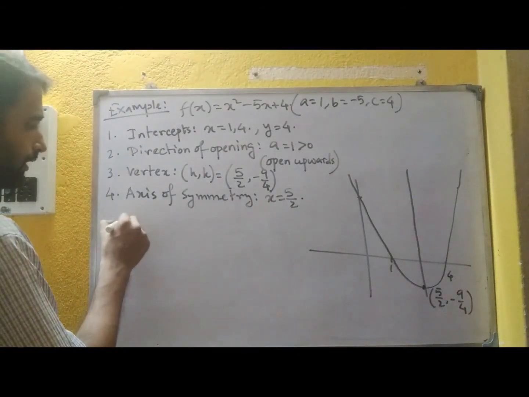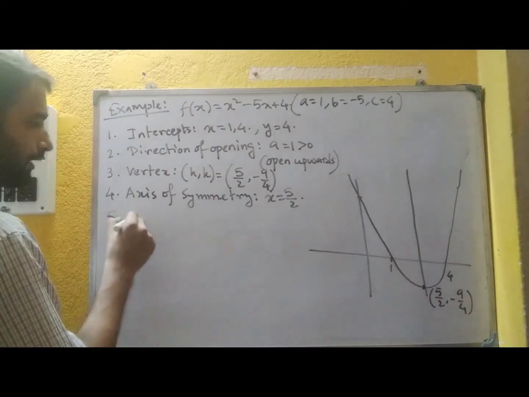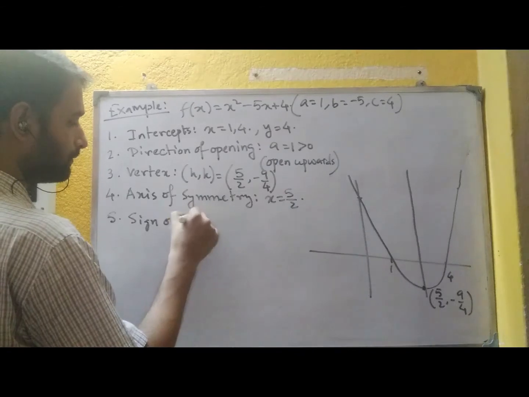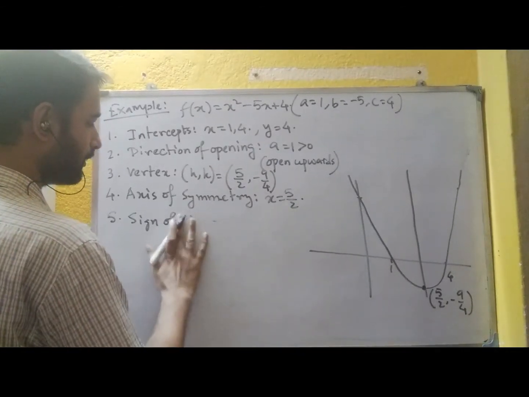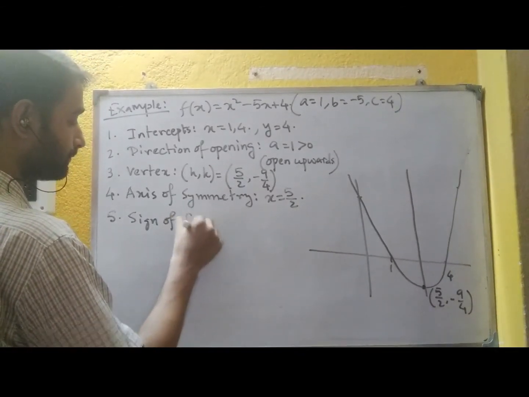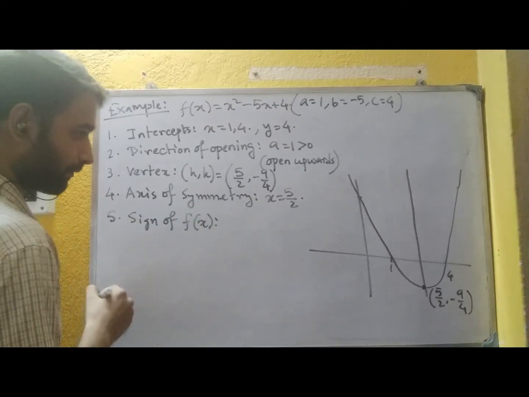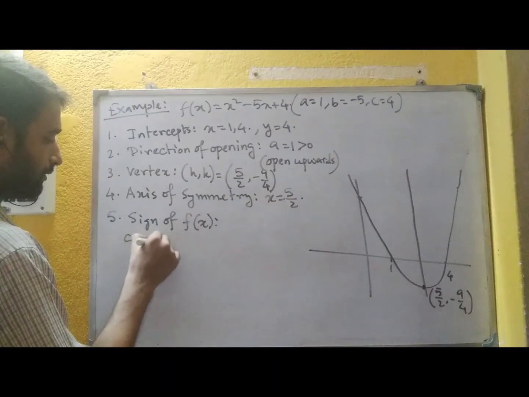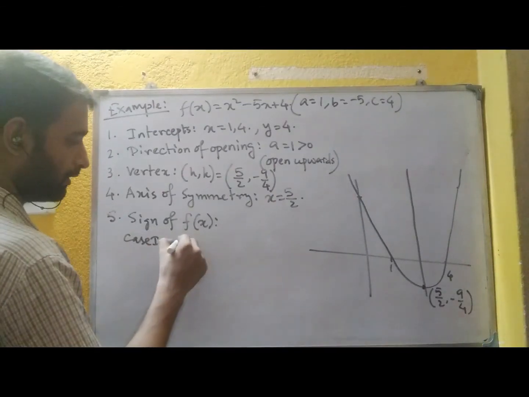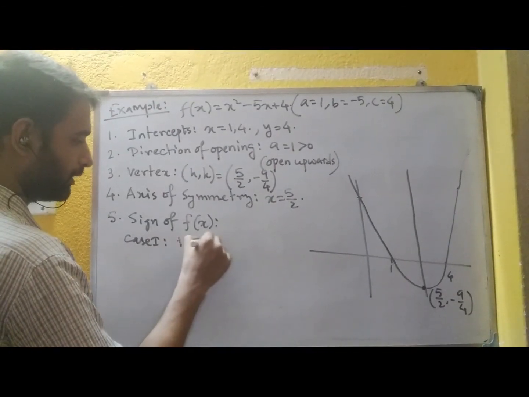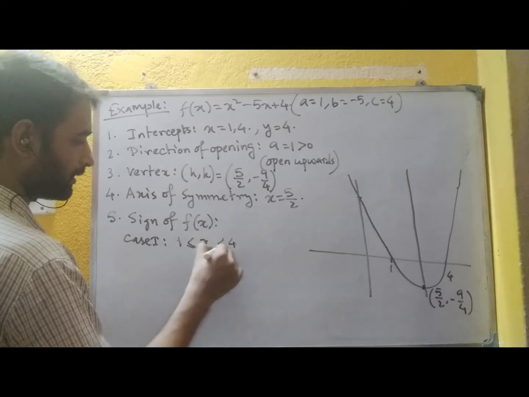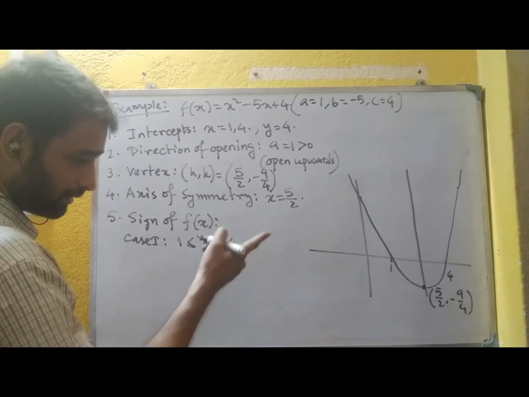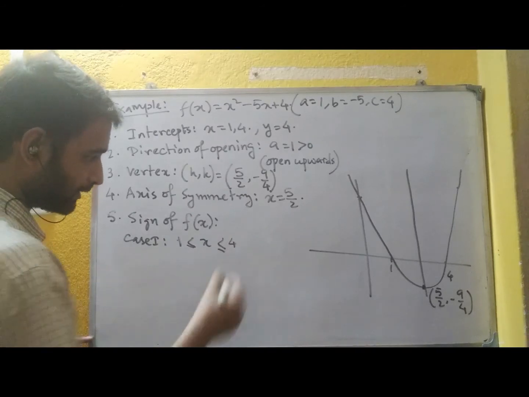From the graph you can see, when you are taking the fifth thing, it is the sign of the expression. You can say sign of f(x). When you are taking x between the roots, then you can see the values are in the negative part of the y-axis.